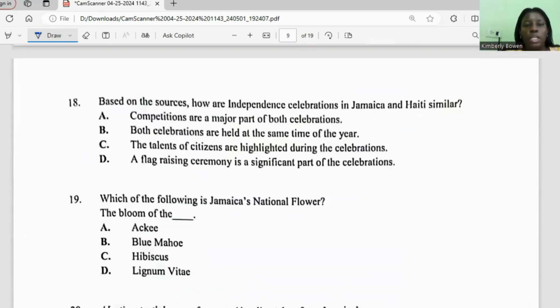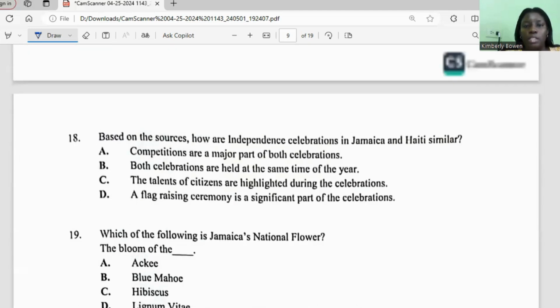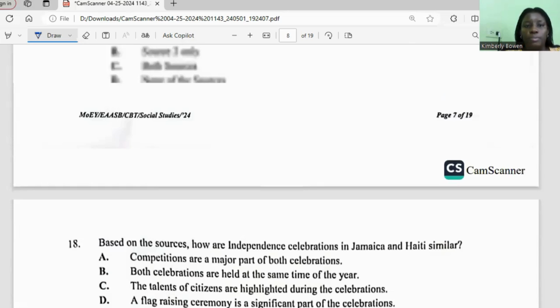Based on the sources, how are independence celebration in Jamaica and Haiti similar? Competitions are a major part of both celebrations. Both celebrations are held at the same time of the year. The talents of citizens are highlighted during the celebration. A flag raising ceremony is a significant part of the celebration. Look back at Haiti's celebration.